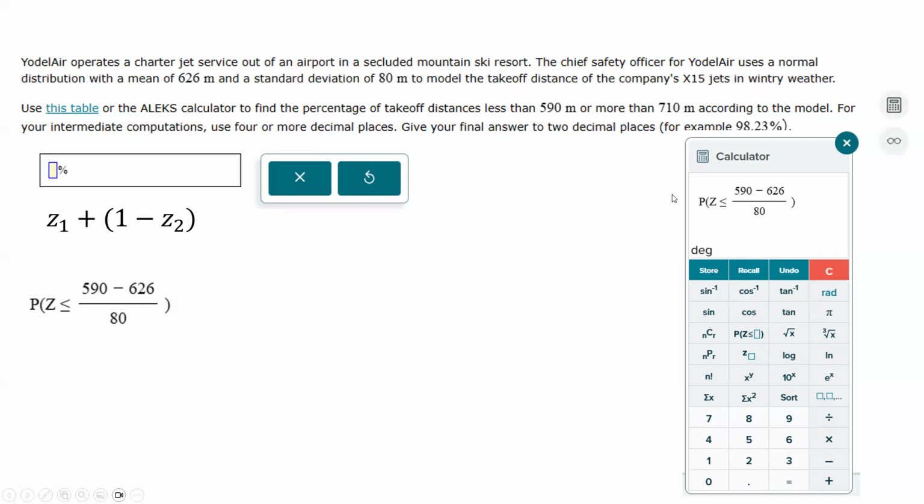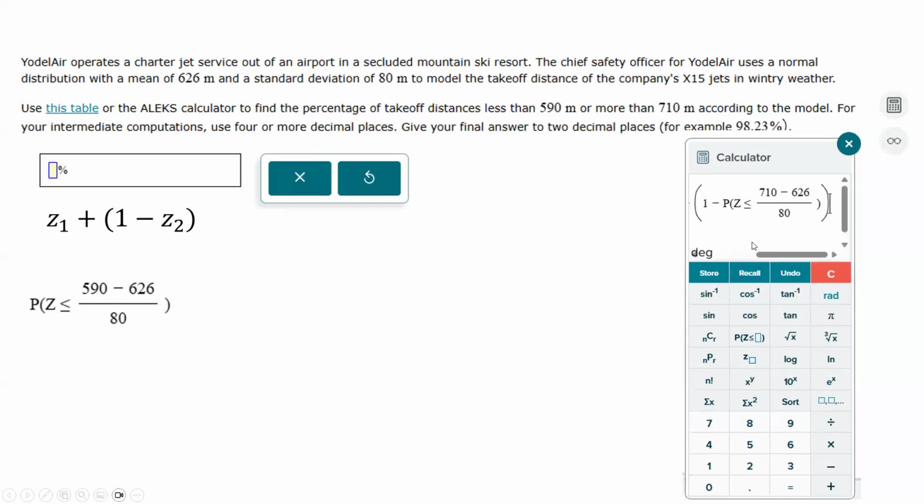So now I'm going to add 1 plus this. So let's do that. 1 plus my Z2 score, which is the 710 minus 626 divided by the 80. Put that in over here. There we go.